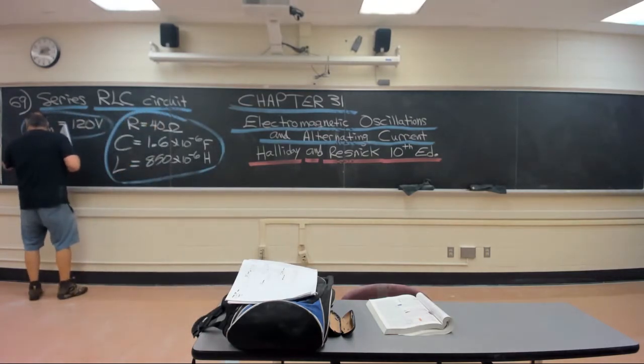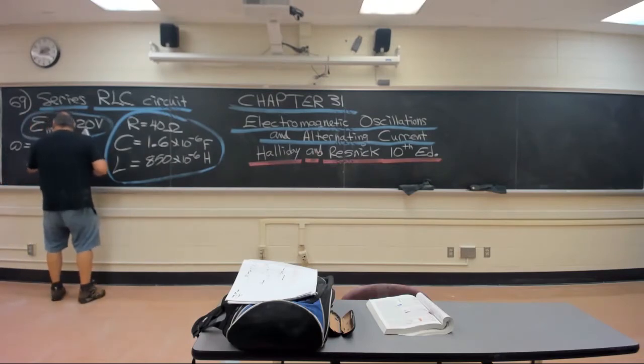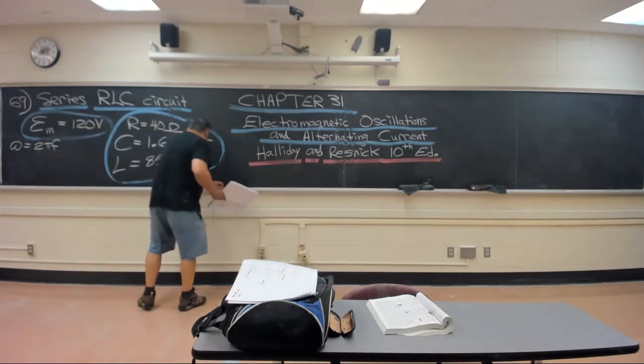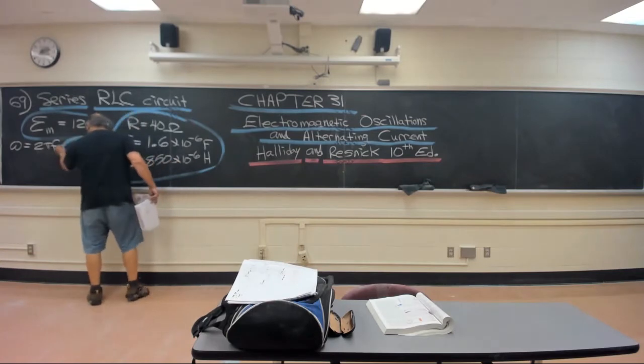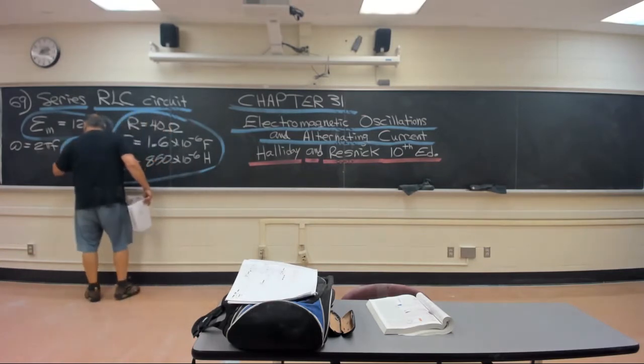Down the road, we're going to need to be cognizant of what omega is. Omega is 2 pi f, and they told us what f was. I believe it was 3,000 hertz.